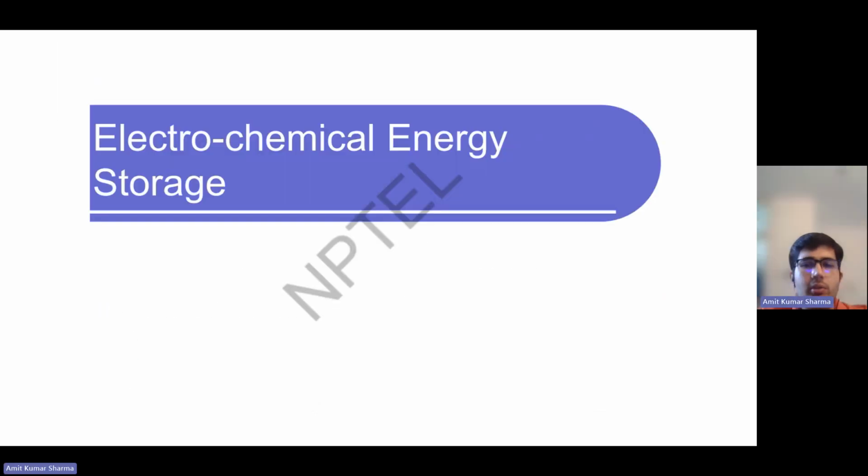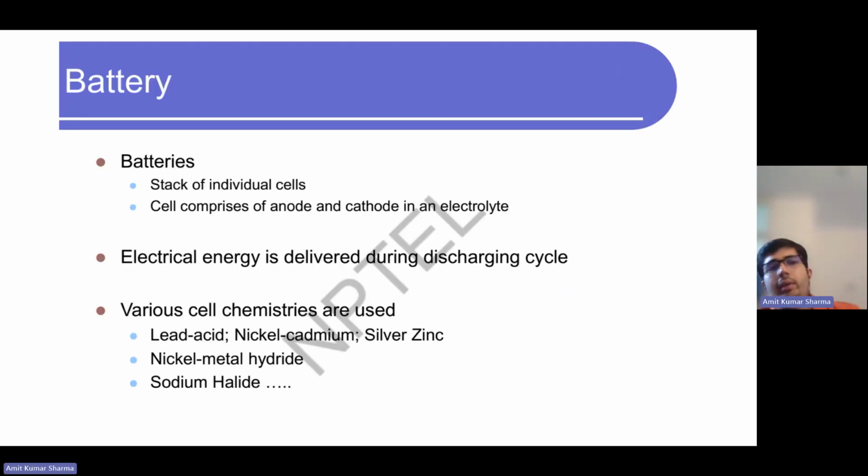Now the electrochemical energy storage, it's quite interesting. So electrochemical energy storage. So here the first is battery. Batteries are a stack of individual cells, and cells comprise an anode and cathode in an electrolyte.